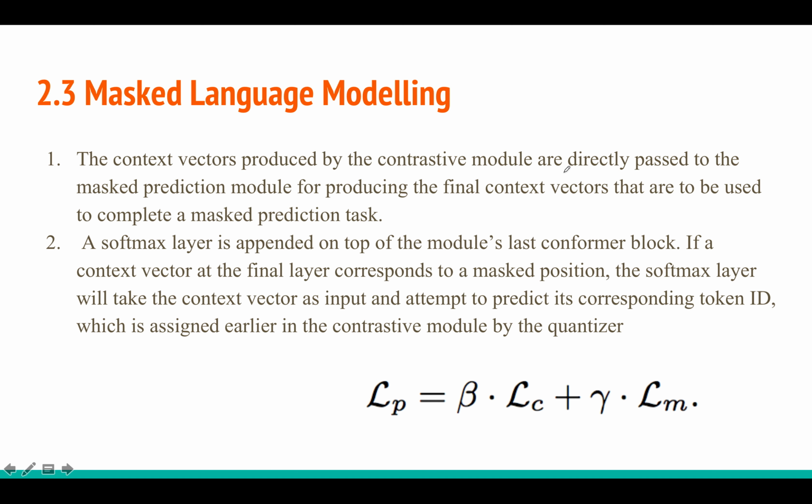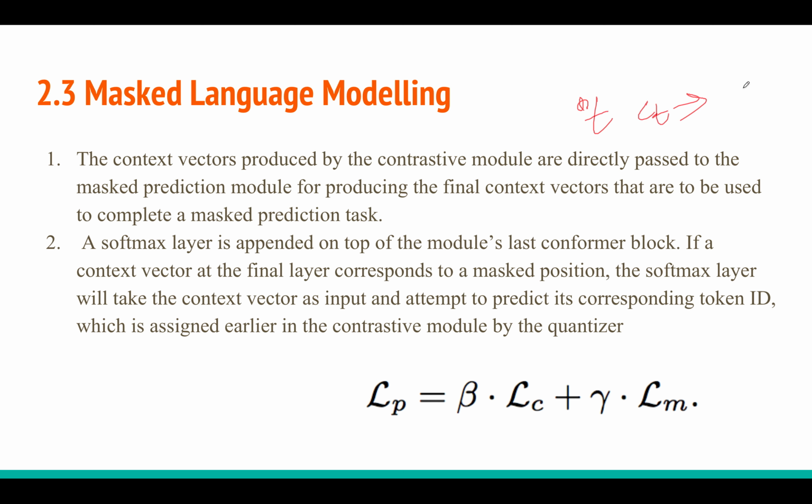So the idea is very simple. You take the output from the MLM stack, which is the last layer's output, and then you pass it through a softmax layer in order to predict the probability. Let's say you choose time step t, and you have ct.